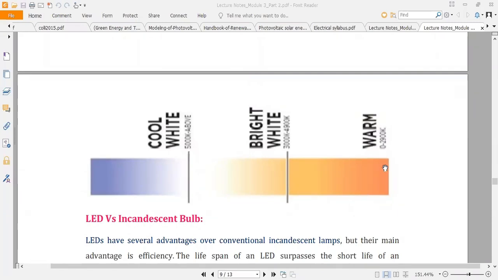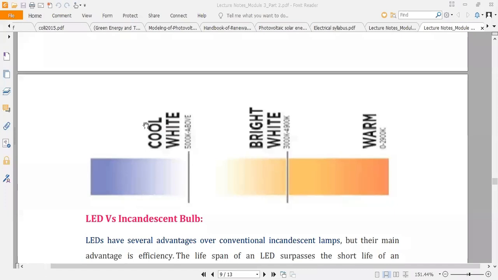Temperature अगर हमारा around 0 to 2900 Kelvin तक है, ठीक है, तो वो उसका कलर कुछ इस तरह से होगा, that is warm. अगर हमारा टेम्परेचर 3000 Kelvin से 4900 Kelvin तक है, so the color is like this.